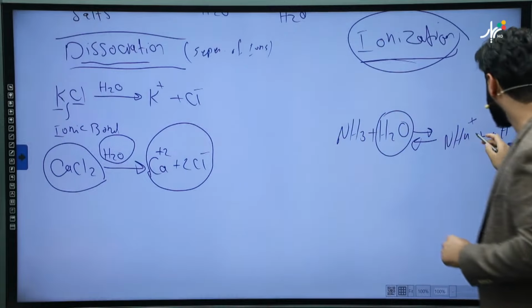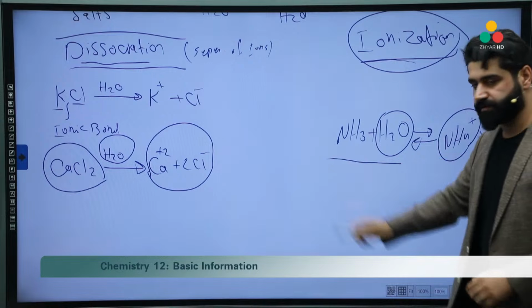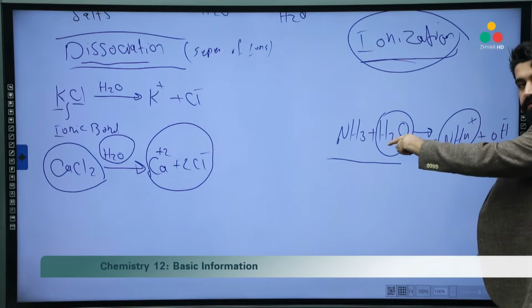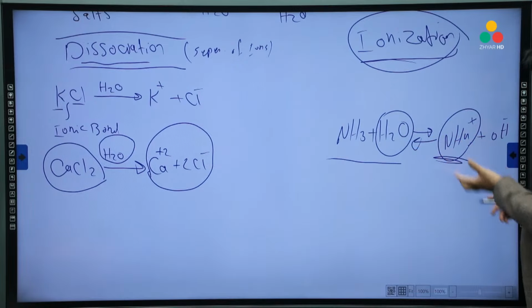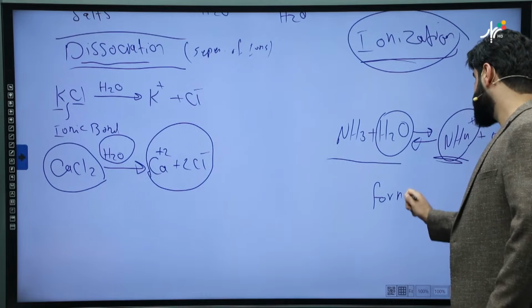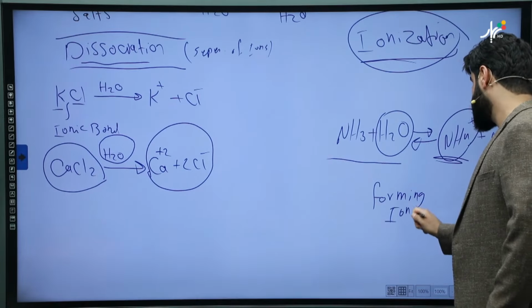And now in dissociation, ions that are already present separate. But here, look, we got NH4. We don't have NH4 here. So the ion is not present already. We don't have it previously. So we can say it is forming ions.